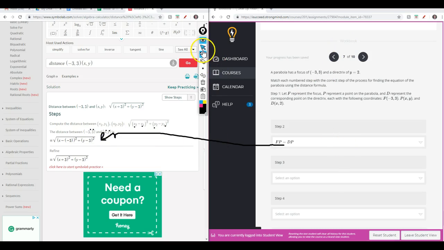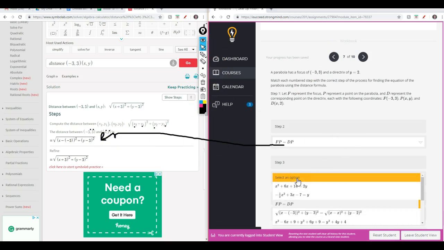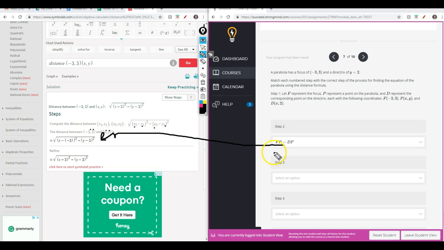So I'm going to write this down right here. So we had the square root of (x minus -3) squared plus (y minus 3) squared.